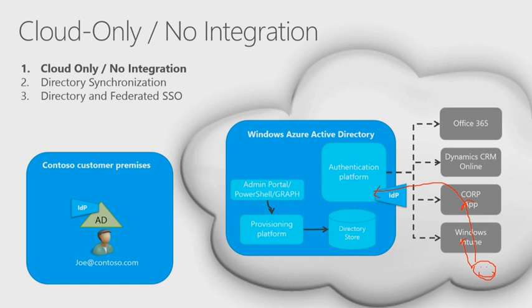Well, the first option, you may call it a non-option, is no integration. Here you can do a number of things like export all your Active Directory users. You can even have the same domain name, contoso.com, up on Windows Azure Active Directory, but effectively you're making an entire separate copy of that user with the same username or potentially a different username. In this case, we see Joe at contoso on msonline.com or on Microsoft.com.